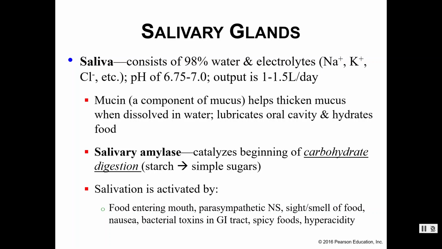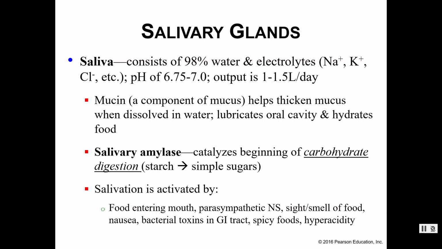And you only start the process of chemically breaking down any macromolecule here in the mouth. The carbs are the only one. So we don't start protein digestion, we do not start lipid digestion chemically in the mouth. Okay. Now, obviously, mechanical digestion, just chewing, we start to mechanically break down everything in the mouth. But chemical digestion, where we use enzymes, the only thing that we are chemically digesting is starches in the mouth.